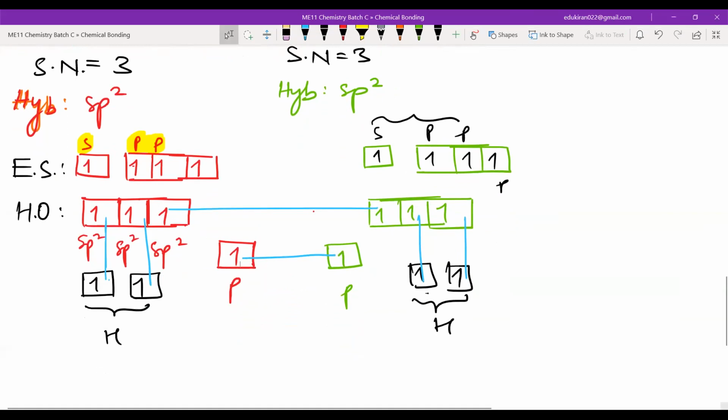Now let me just fetch a photo of the ethene molecule. I cannot draw all this, it will get very clumsy. Ethene. How is it? Please start writing.